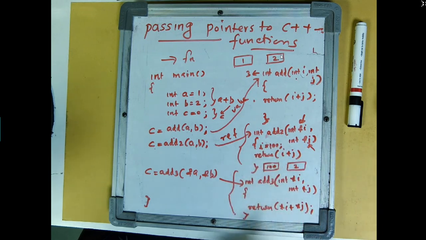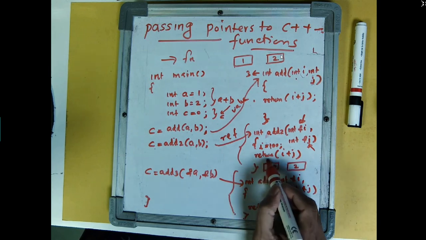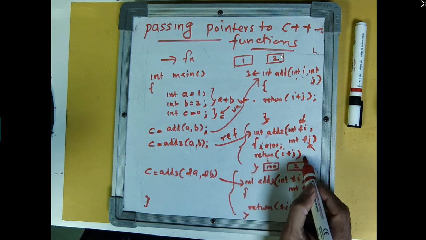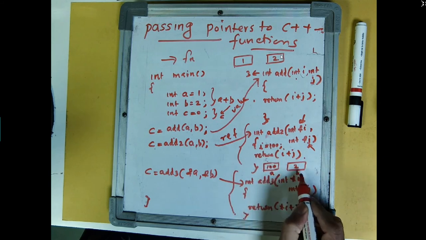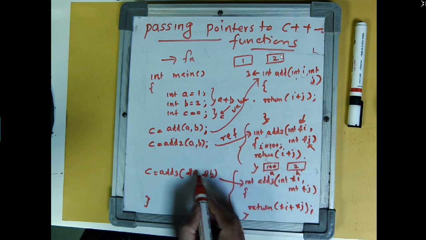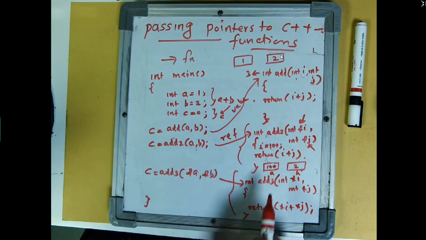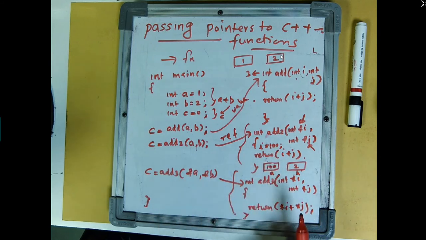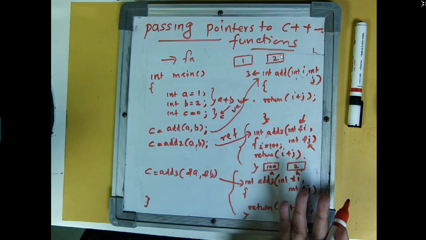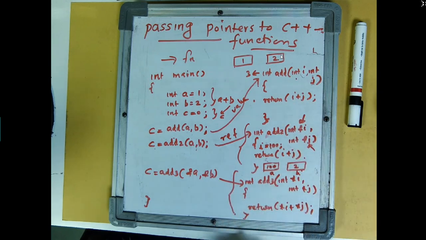That means whatever you were passing as i and j, the a and b has now permanently got changed. 102 will come back here, because you have permanently changed the original location by address. That means you have permanently damaged the argument itself.